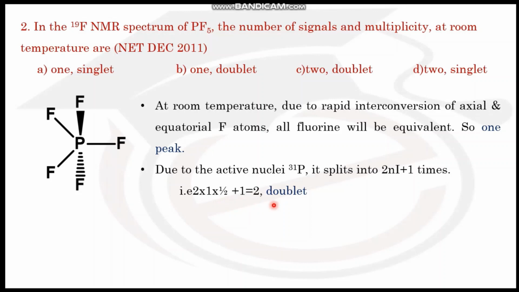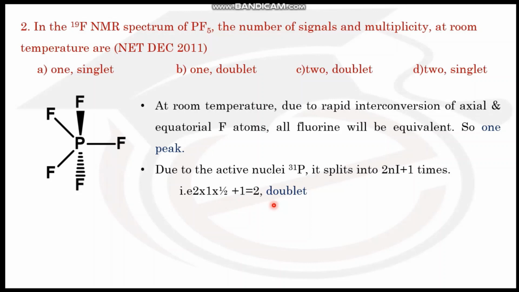So we get one doublet. The signal will be one because all the fluorines are equivalent, and it splits due to the active nucleus P31 into 2, that is a doublet.